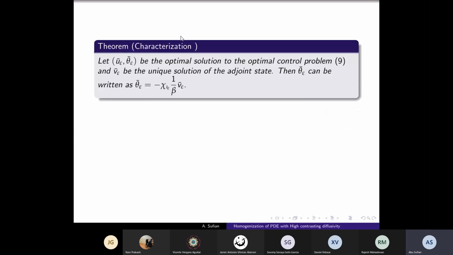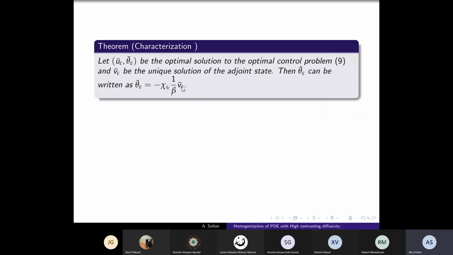So theta epsilon bar depends on v epsilon for x belongs to I epsilon. So basically theta epsilon bar doesn't have an H1 bound because v epsilon bar doesn't have an H1 uniform bound, because on I epsilon the H1 norm of v epsilon is of order 1 by epsilon, and that gives more trouble here.